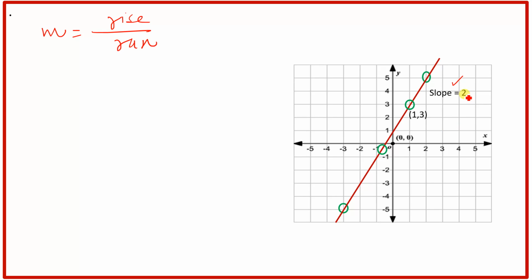So with the help of only this one solution set, we can find out the other solution set as well. It means 1, 3. If we move 1 unit in the direction of x, we will move 2 units in the direction of y.